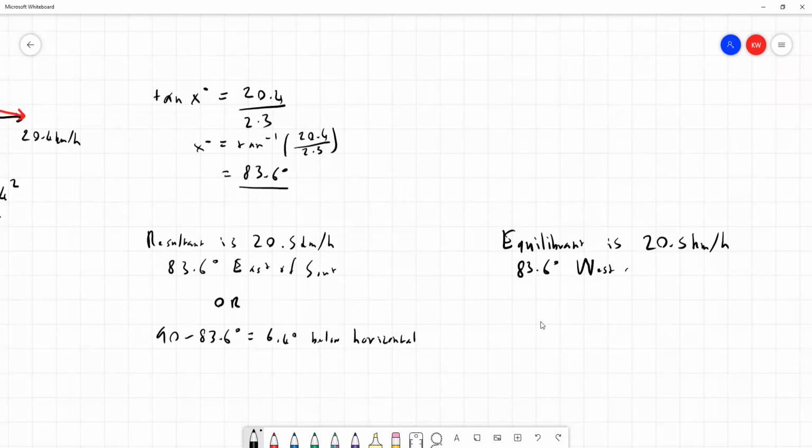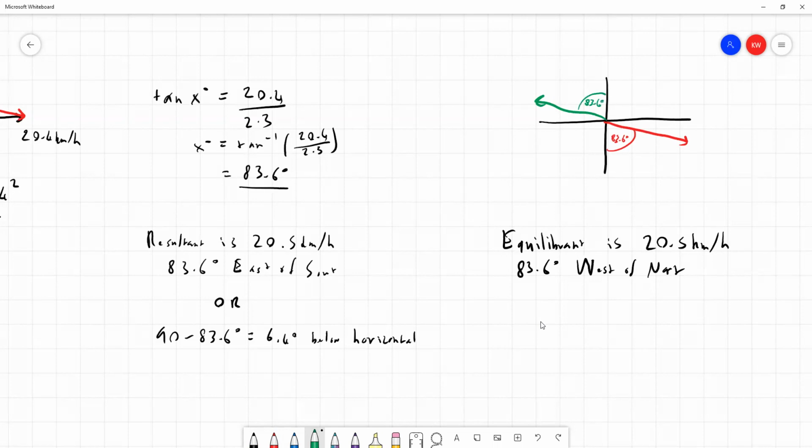And if that's harder to visualize, I'll quickly draw that on a little diagram here. If this is our resultant, which is very close to east, and this angle here is 83.6, then our equilibrium is the same size, acting in a completely opposite direction, and it's this angle here, 83.6 in this case. So that's what our equilibrium is.